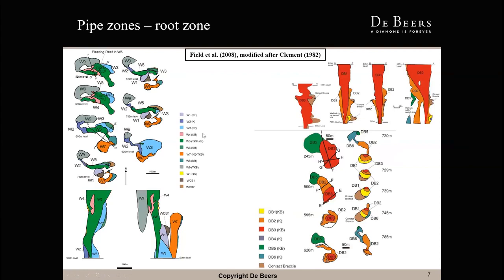That is because the kimberlite at these levels has to use joints and fractures to propagate its way upwards, and therefore it does not have such a smooth morphology as in the upper zones of the pipe. You can see here, for example, the W7 at Wesselton, a blind dome. It was emplaced and didn't get any further than about 600 level on the maps.